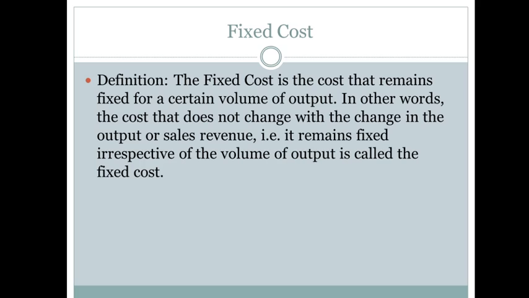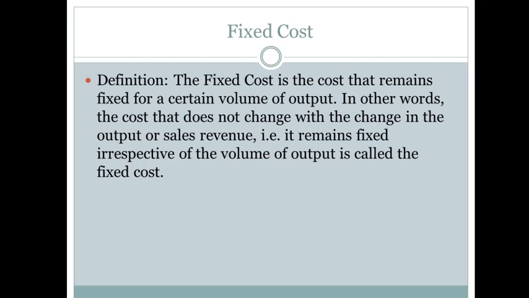Fixed cost is the cost that remains fixed for a certain volume of output. In other words, the cost that does not change with the change in the output or sales revenue.